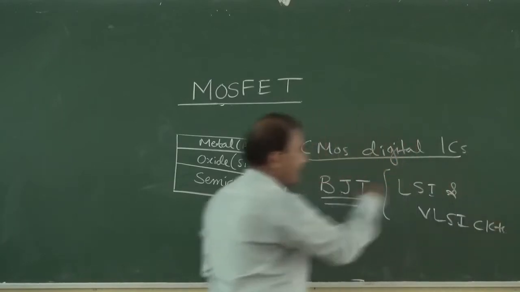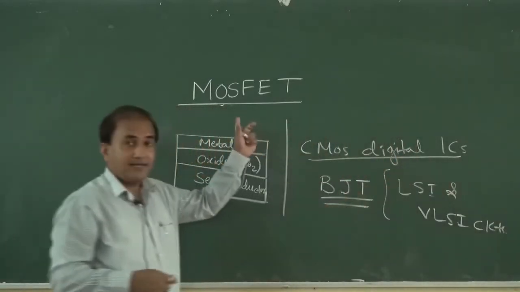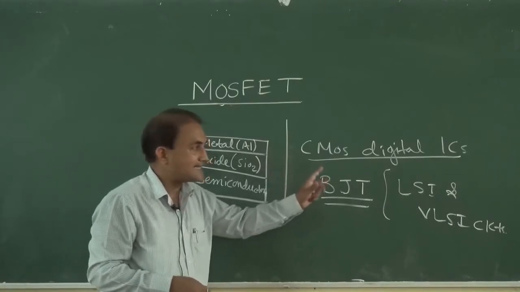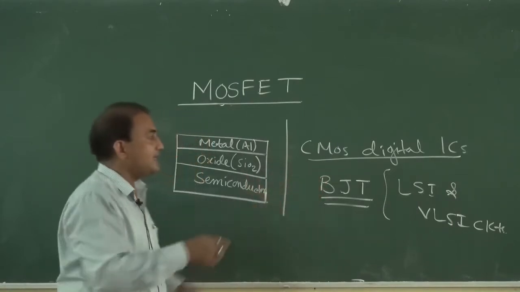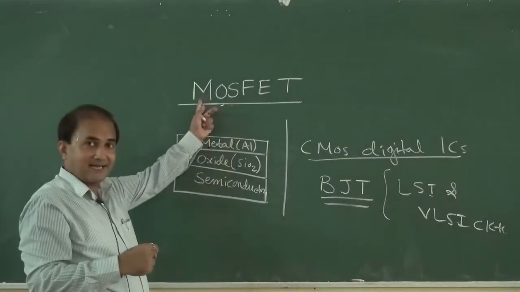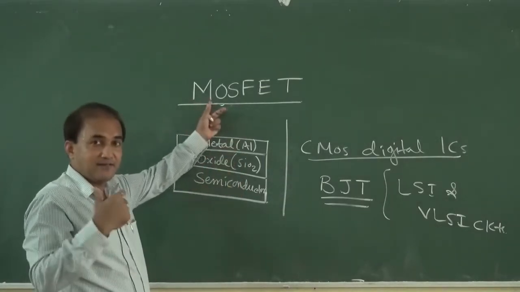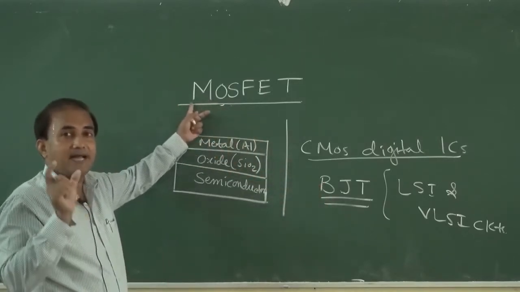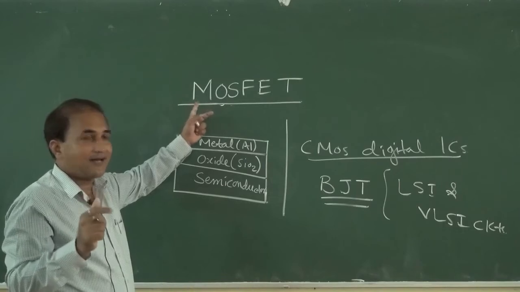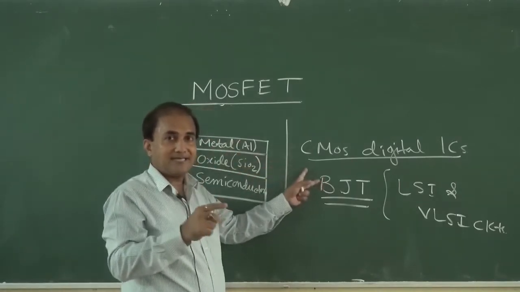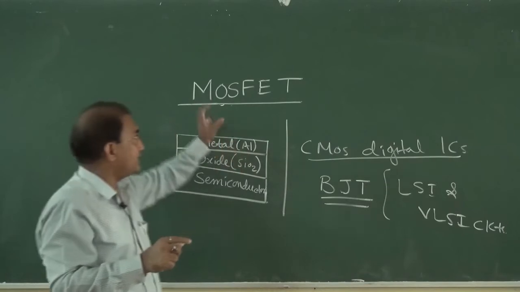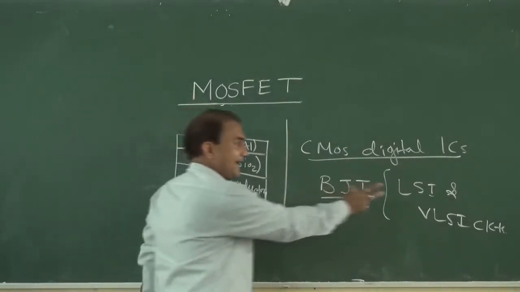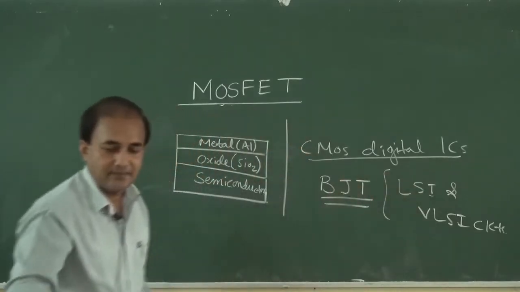Nowadays we are using MOSFET instead of BJT in LSI and VLSI circuits because it occupies less area, its fabrication process is very simple, and its power dissipation is very small. Because of these advantages, we generally use MOSFET as a switching device in LSI and VLSI circuits.